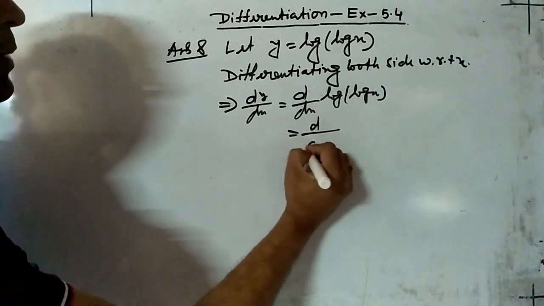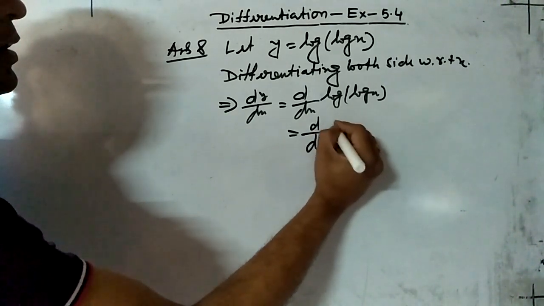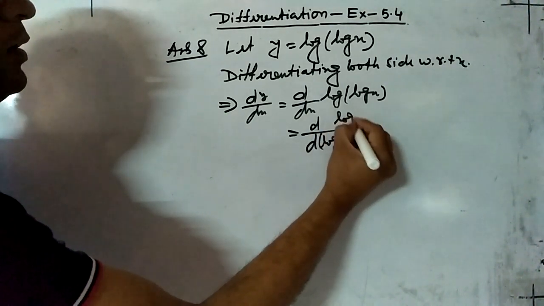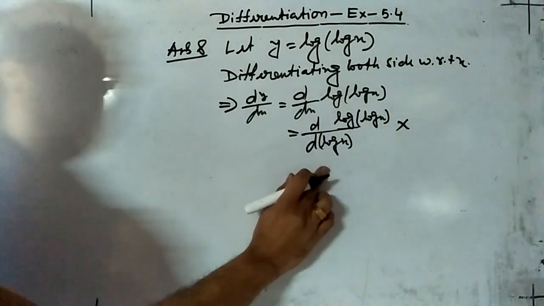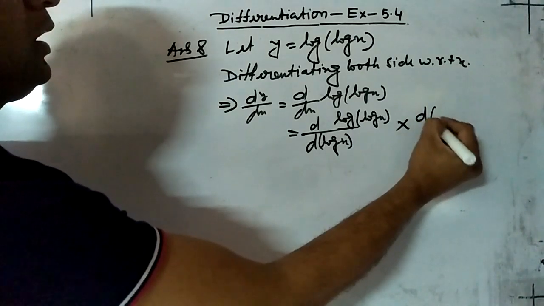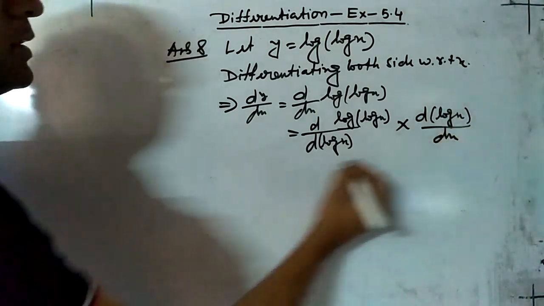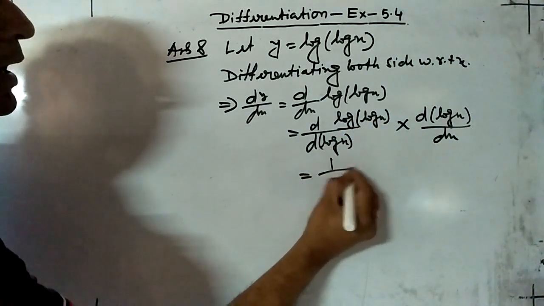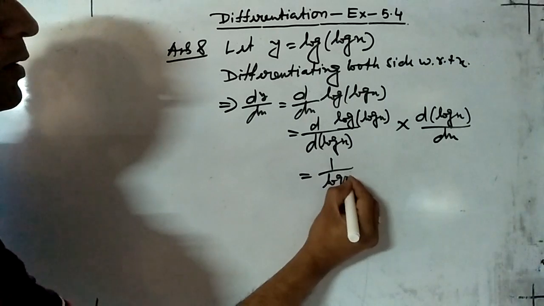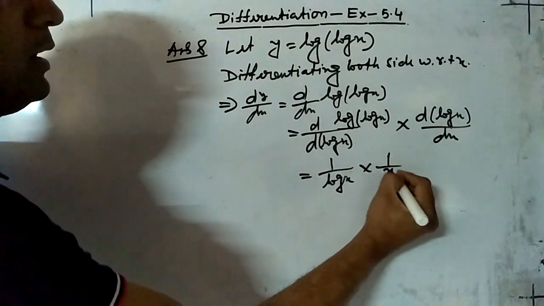So d by d(log x), here also I am using chain rule. If you divide, then you have to multiply also, d(log x) upon dx. Log of log x with respect to log x will be 1 by log x, and the derivative of log x is 1 by x.